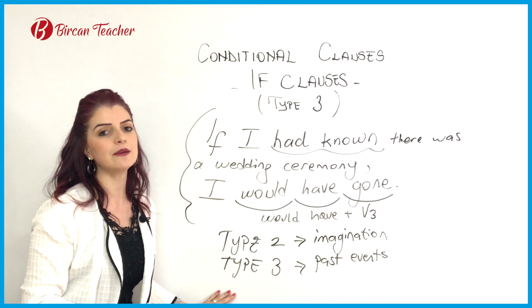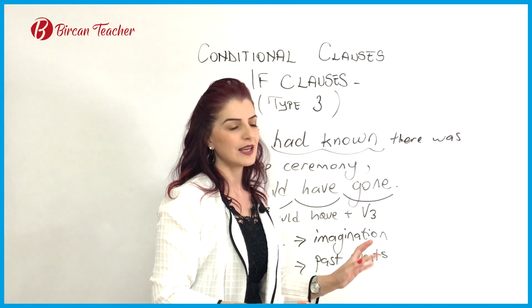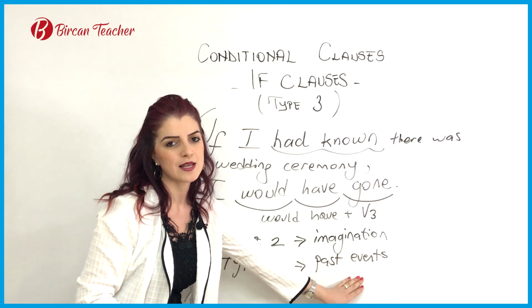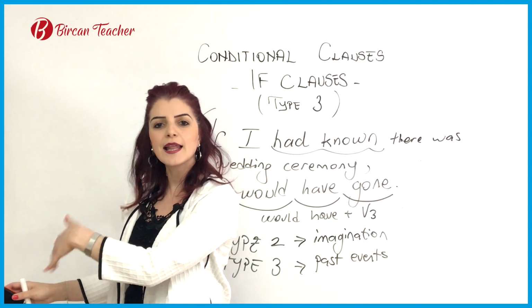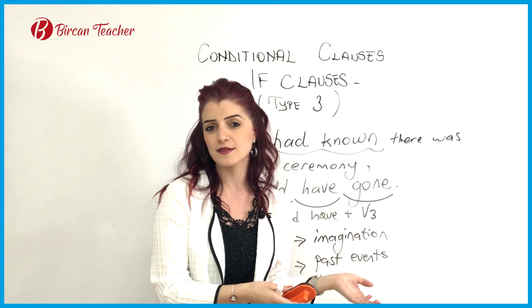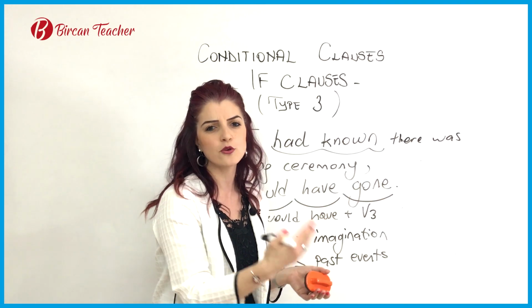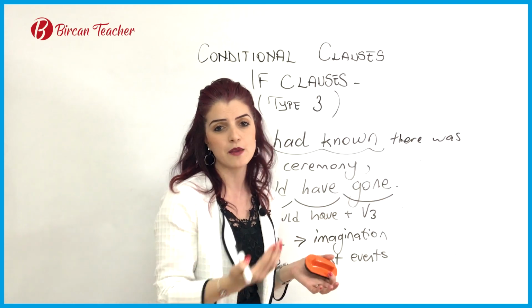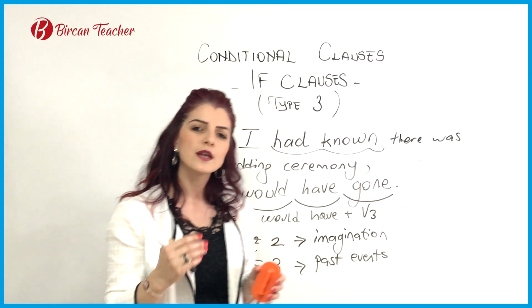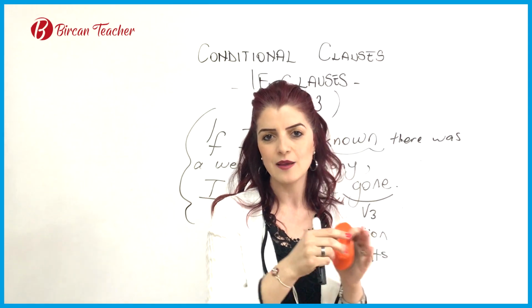But in type 3, you cannot change anything. So these kinds of events happened in the past, and now you are just making comments. You are just giving some idea, maybe some complaining. I mean, you are just giving your opinion about the past event.